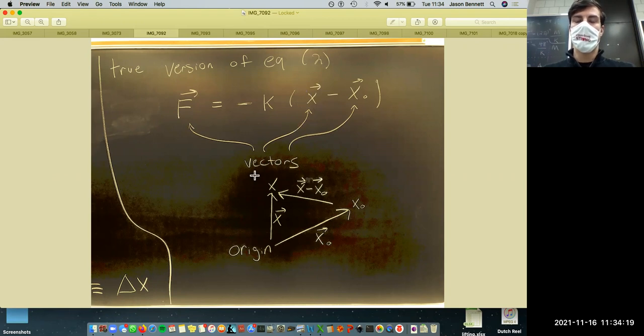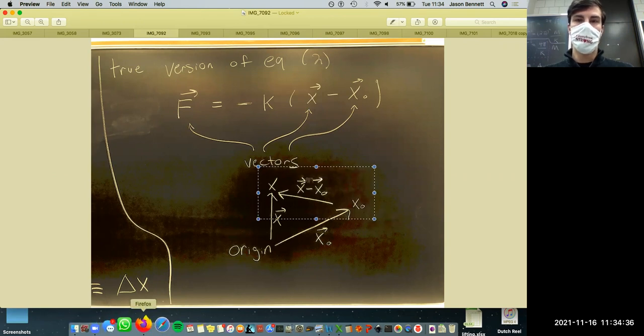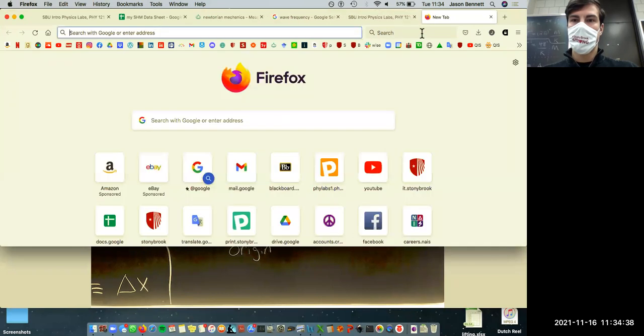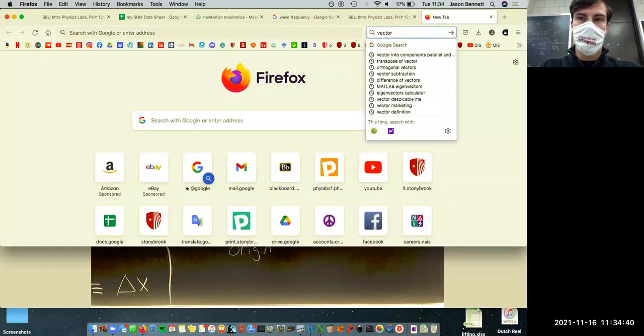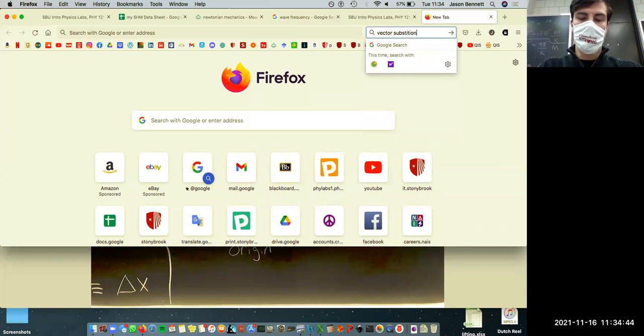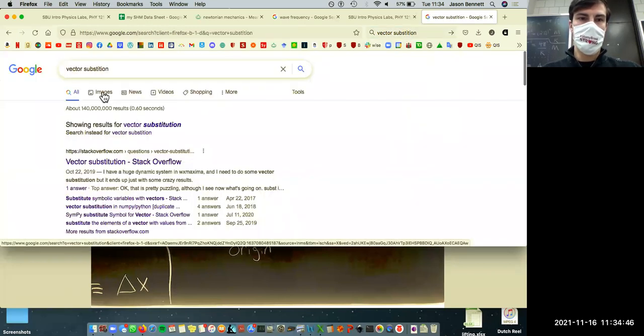So you can write on a graph sheet, parenthesis x comma y, but that's really a vector that points from the origin to that point. And the rules of vector subtraction tell me that if a vector is the difference between 2 things, then it points towards the first one.